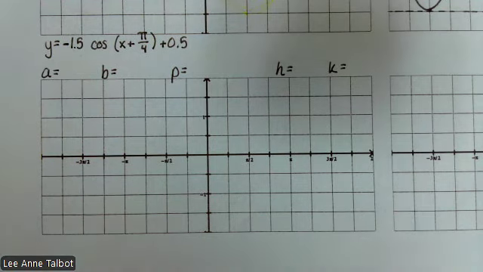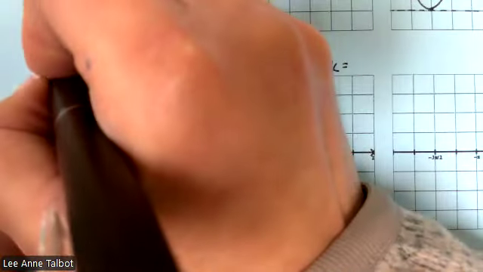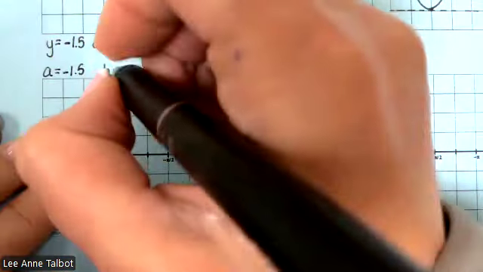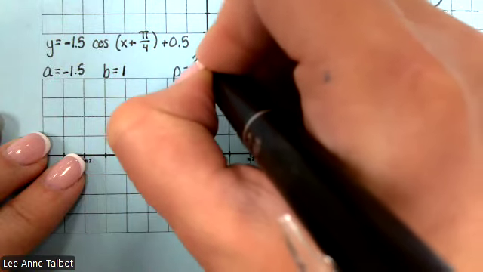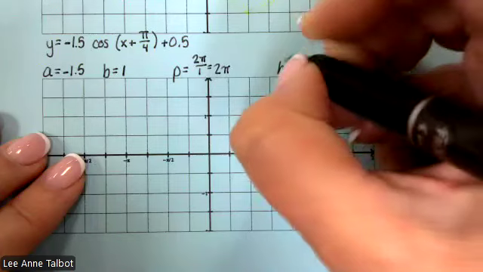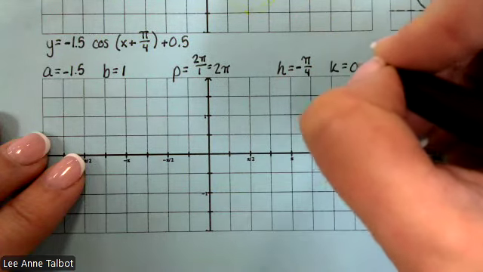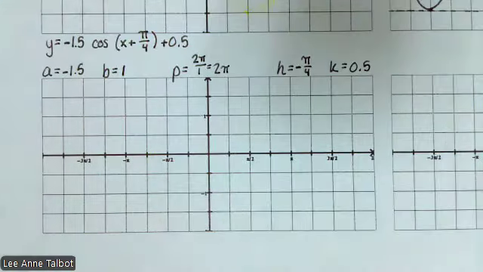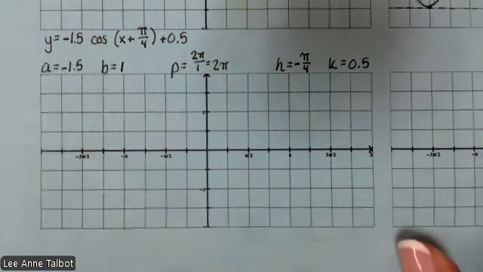Just try to fill out A, B, P, H, and K. See if you can do it. Okay, look up at the screen when you're ready.